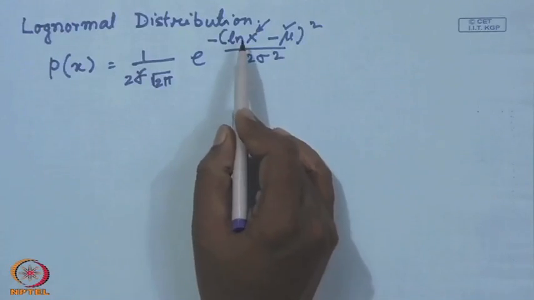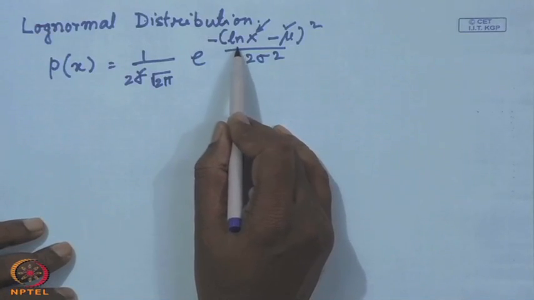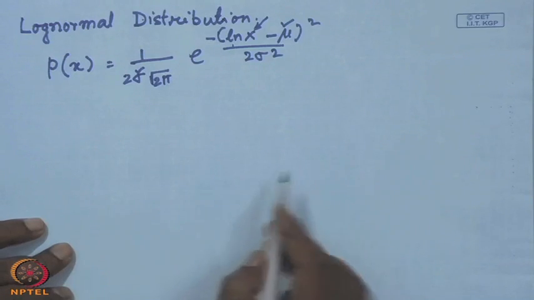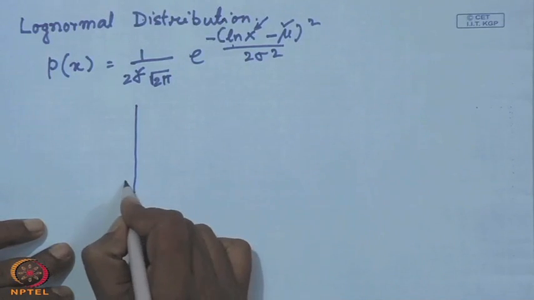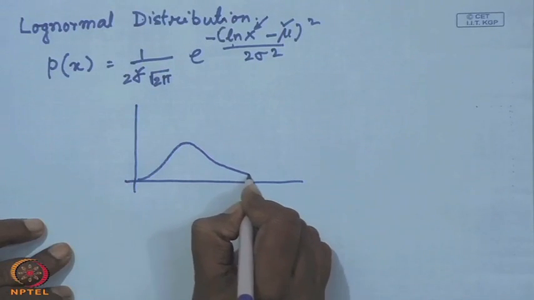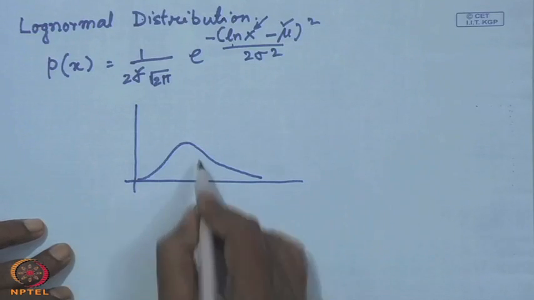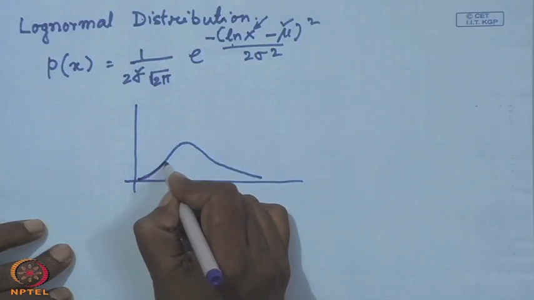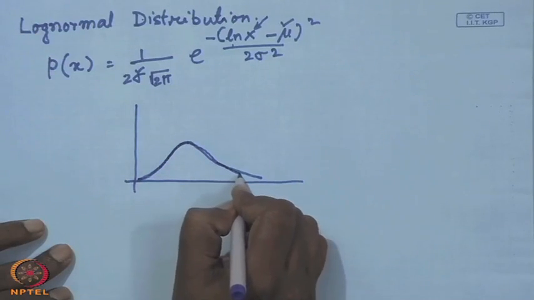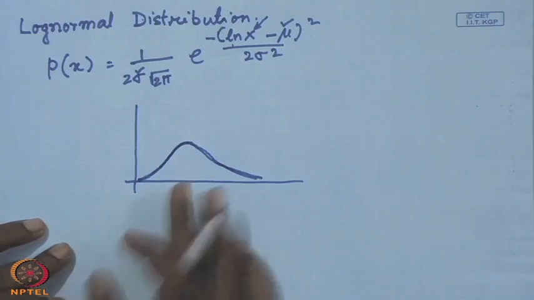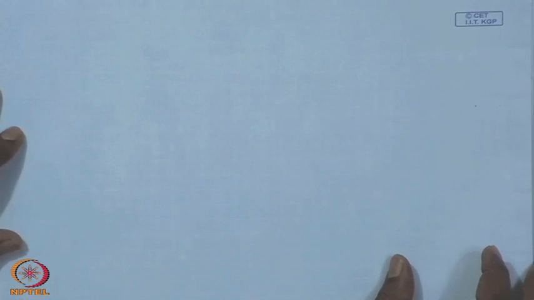In case of log normal distribution, the exponent contains log of x minus mu square. And if you plot this distribution, it will look something like this, which is similar to our Gaussian distribution, but there is a slight difference. The slopes on this side and on this side may be different, or in general they are different. Similarly, there is another form of parametric distribution, which is called the exponential distribution.